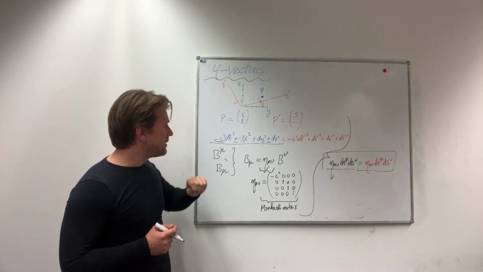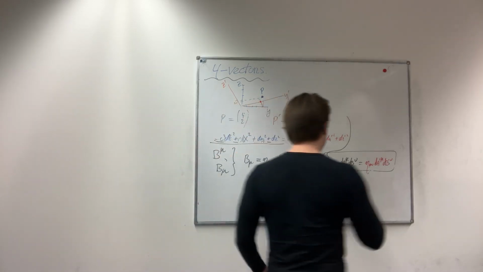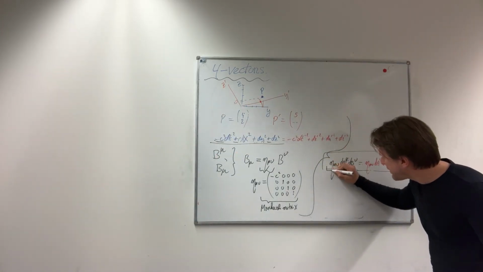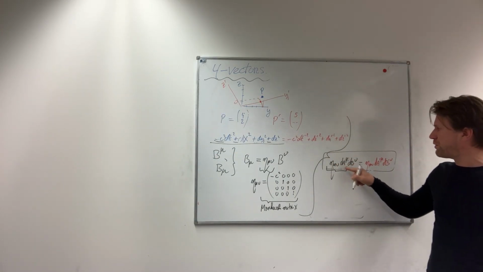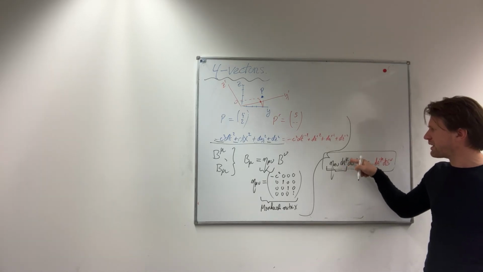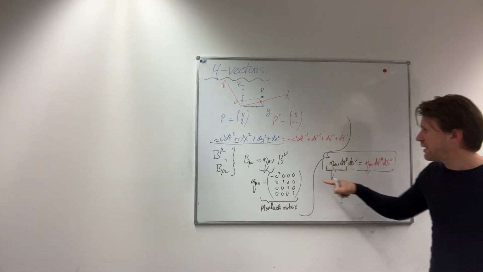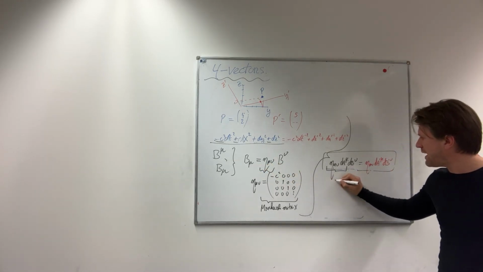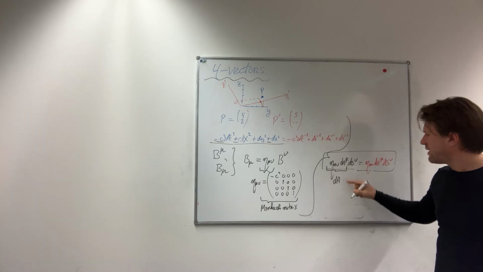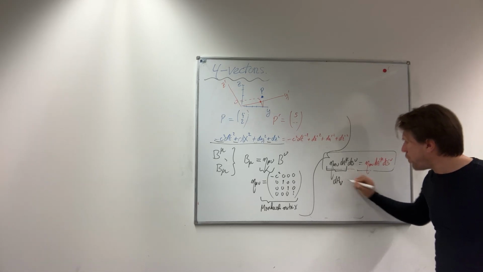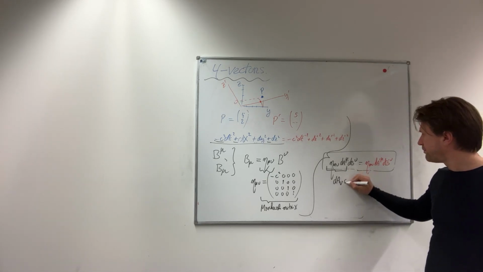Notation wise, you might actually see the following, that if you only look at the first part over here, you have an index up, contravariant, Minkowski tensor, then according to this rule, that's the same as you would have had the dA covariant with the index down.